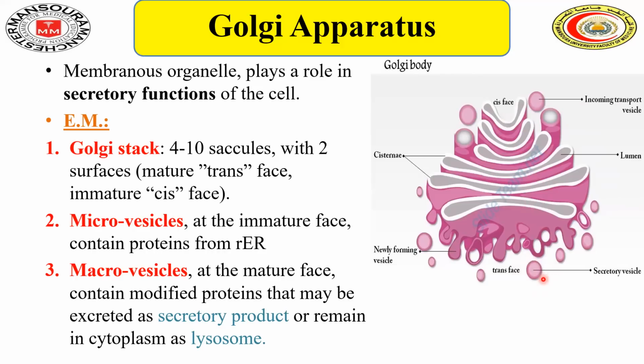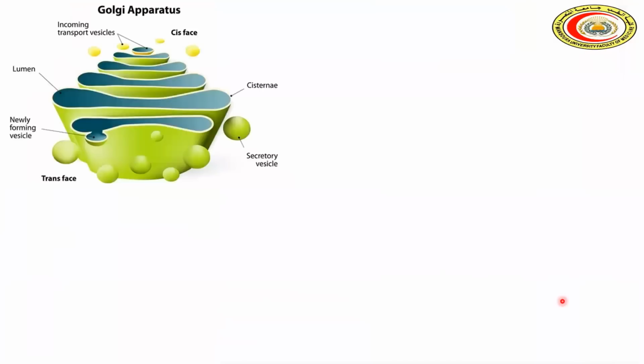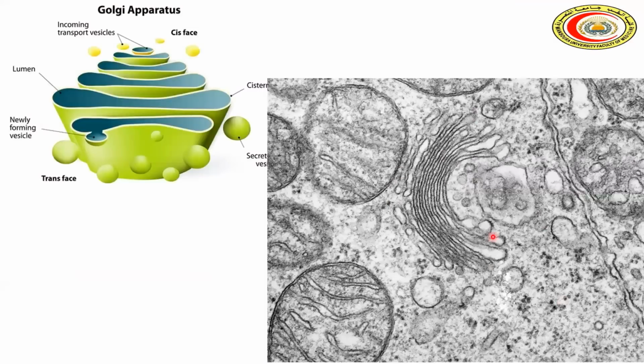This modified protein has two fates again: to go to the cell membrane and export its components outside the cell as secretory product, or remain inside the cytoplasm and have the name of lysosome. Here is the shape of Golgi by electron microscope. So here we have the Golgi stack, saccules arranged above each other. We have microvesicles, small vesicles, and macrovesicles, which are the larger vesicles. These are the three components of Golgi apparatus.